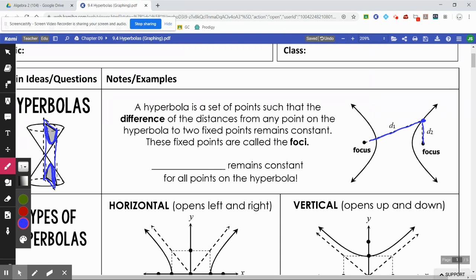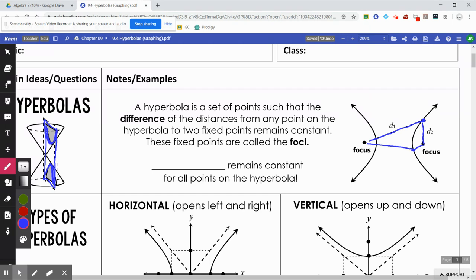So it'll be something like 7 or 7.5 or 8. But whatever the distance is, if this difference is 7, then you can pick any other point on this hyperbola and find this distance, subtract this distance, and you would get the exact same difference. So it's a constant difference.